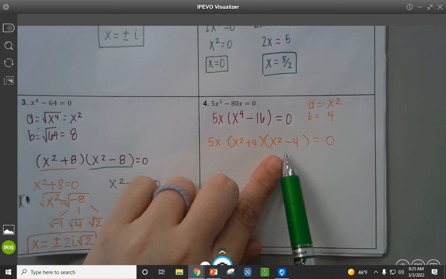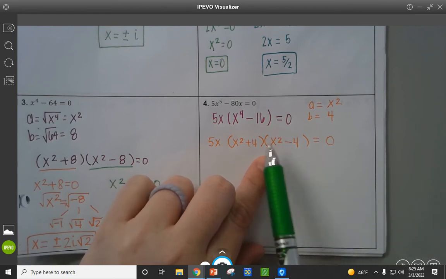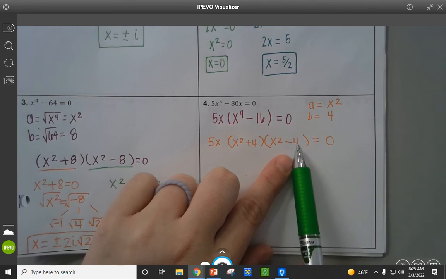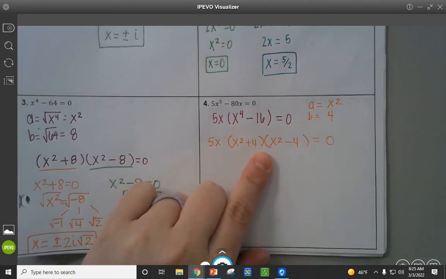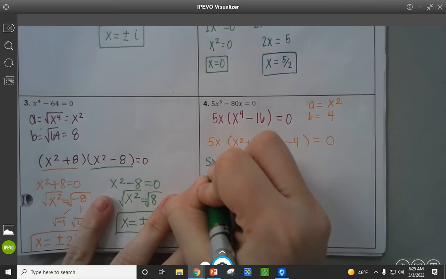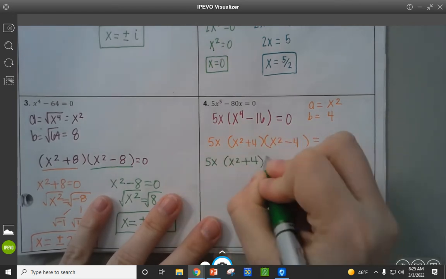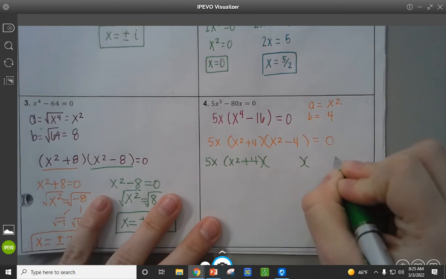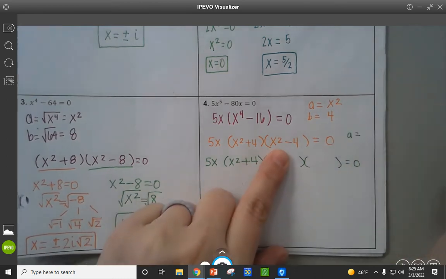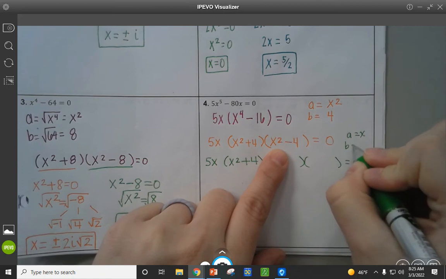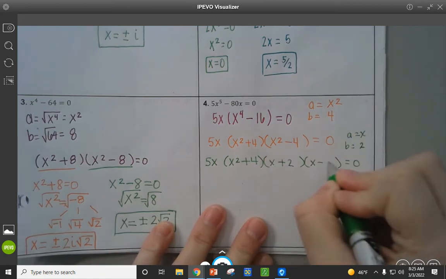We have a difference because it's subtraction, and both of those are perfect squares. Because, well, 4 is a perfect square, and then x squared is perfect because the exponent is a multiple of 2. So what's my a on this one? And what's my b? 2. X plus 2, x minus 2.